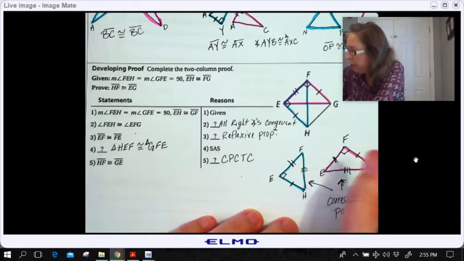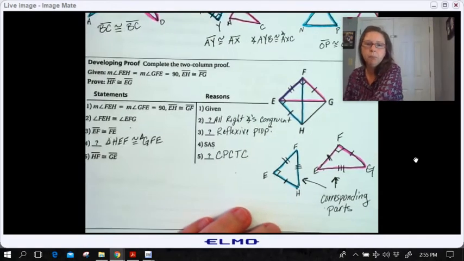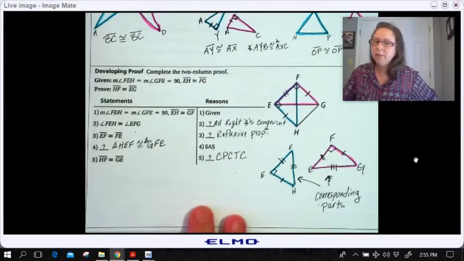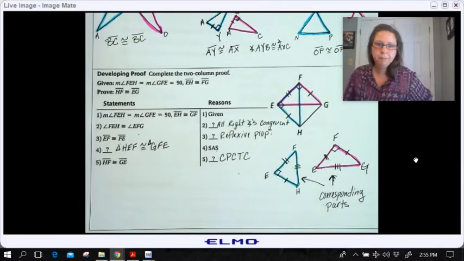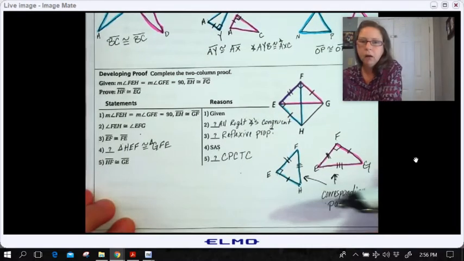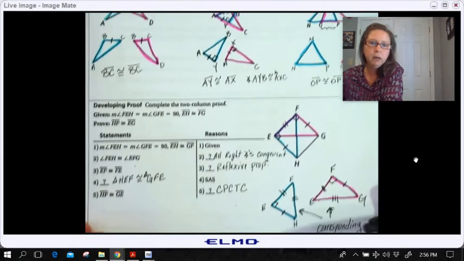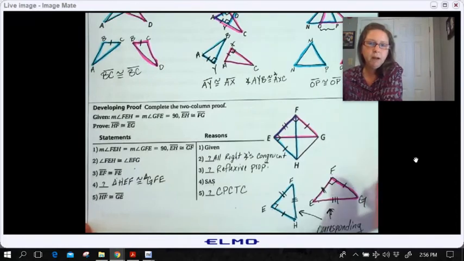So that's also a good example of how we use corresponding parts of congruent triangles are congruent. But we had to separate them in this case. Fantastic. You might need to pause this if you missed anything. I'm going to go ahead and move on to the back side of our paper.